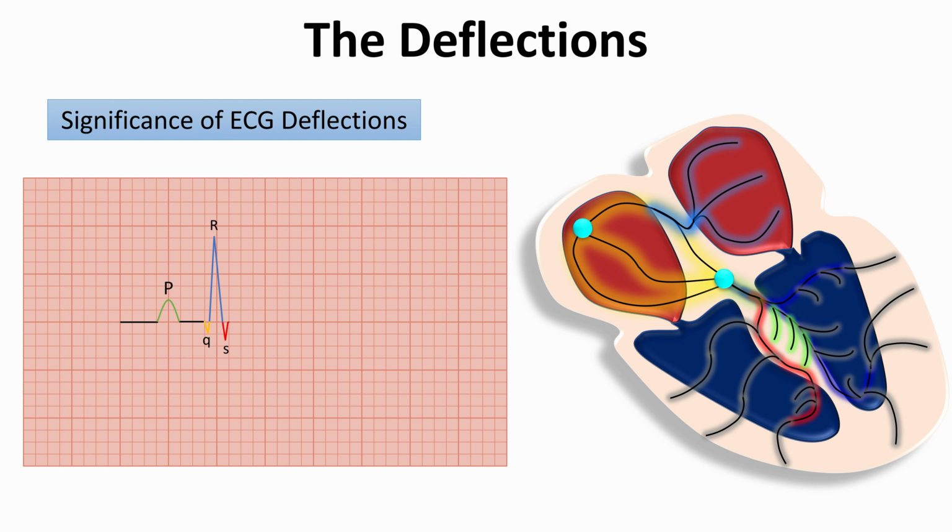R wave is the first deflection that is positive after the Q wave. Finally, the S wave is the first negative deflection after the R wave. T wave is produced by ventricular repolarization. And finally, the U wave is produced by Purkinje repolarization.